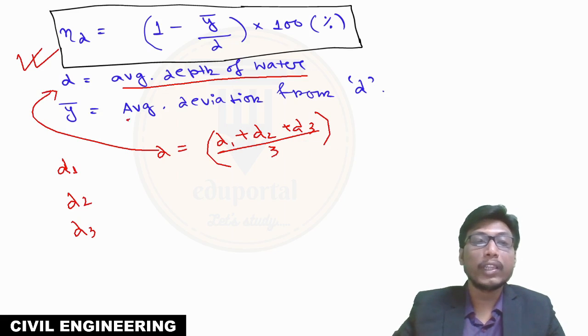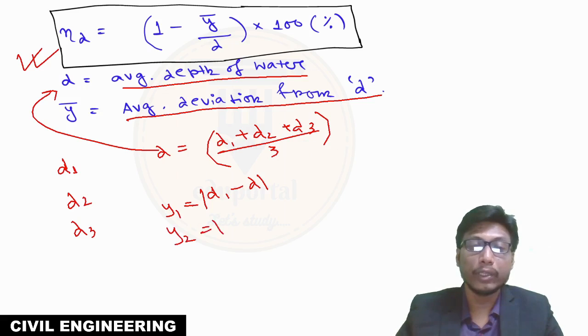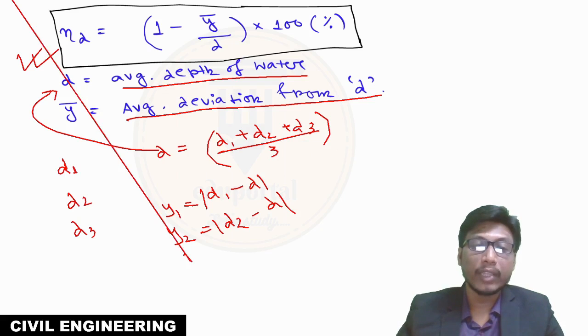Now what is y bar? It is the average deviation from the D. So if we take y1, then it will be equal to modulus of d1 minus d. Okay, so we will take the positive values only. That's why y1, y2 is equal to the deviation from the mean for the second depth, and y3 is equal to d3 minus d.